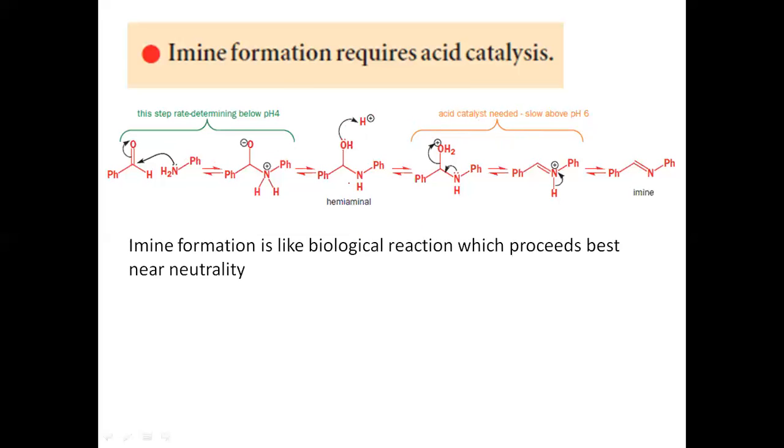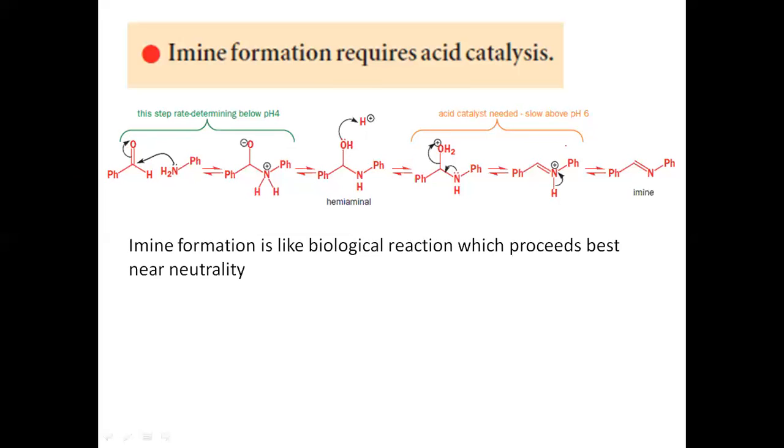Because if I make this reaction too acidic from the beginning itself, then definitely this will hinder the electrophilic and nucleophilic attack. It may even protonate your NH2 unit. This is when I have an extreme acidic condition.